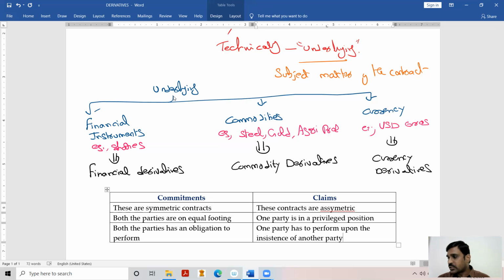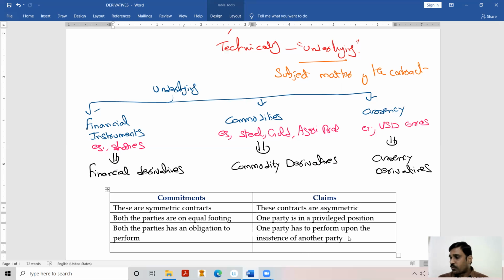If this party insists, the other party has an obligation. That means only one of the parties has an obligation. The obliged party has to perform as per the instructions of the privileged party.